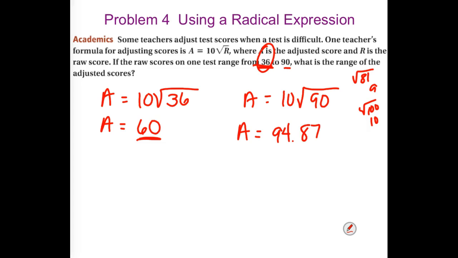So we were pretty close with our 9.5 times the 10 would be 95. We're going to just round this to about 95. So we're going to say our adjusted scores would range from 60 to 95. Okay, just an example of where you might see a radical symbol in a formula.